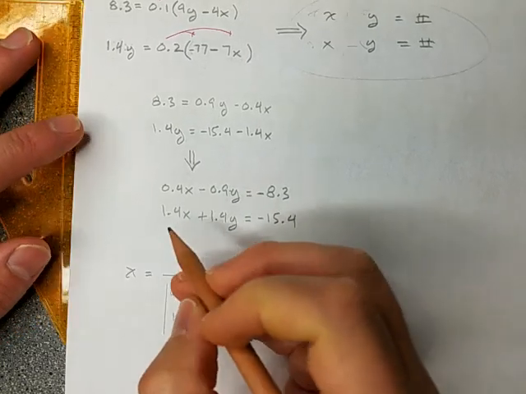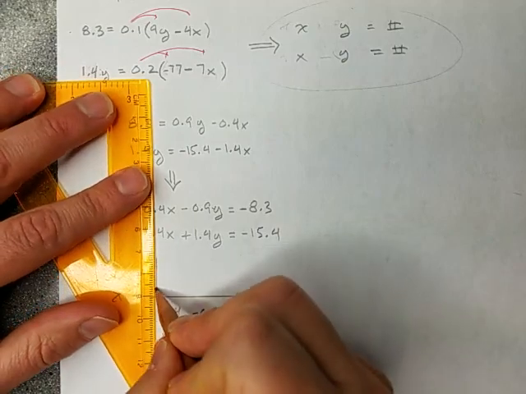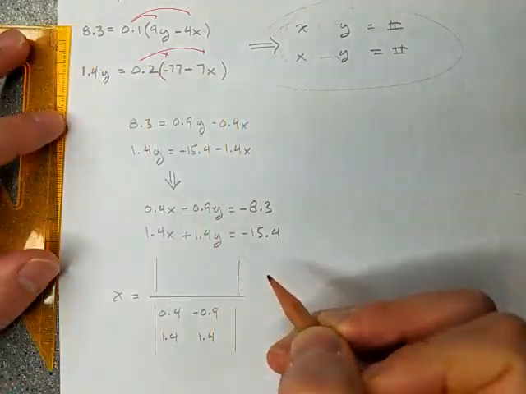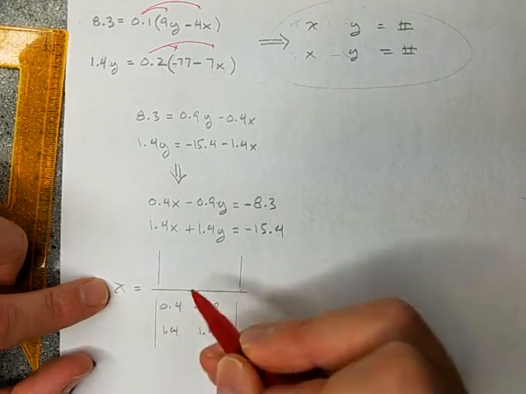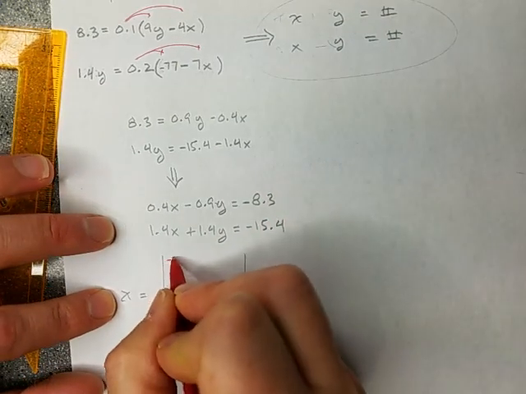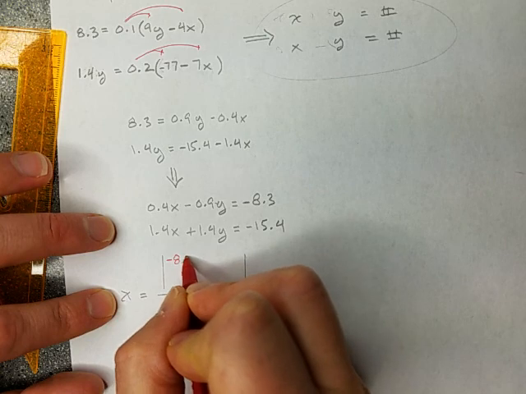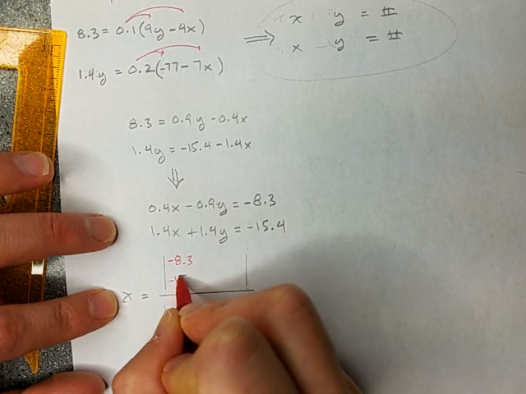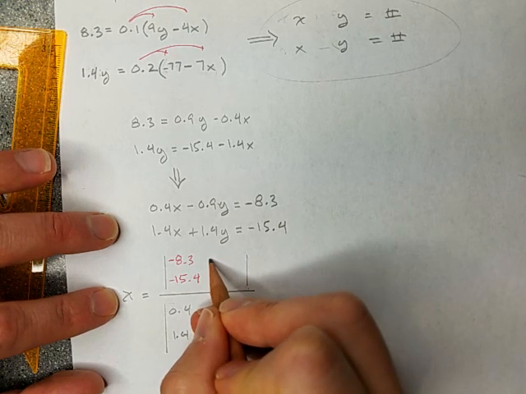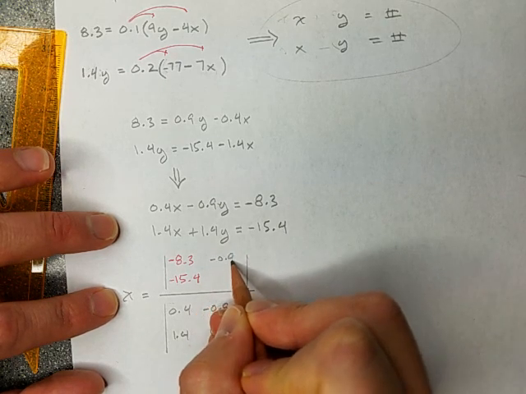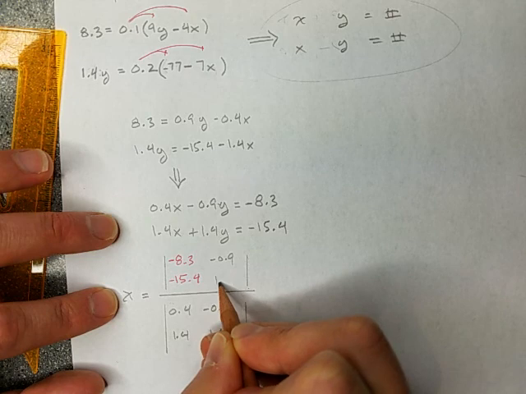Okay. And then what goes up here at the top? Well, if we're solving for x, we'll replace the first column of this one with those numbers. So negative 8.3, negative 15.4. All right. And then that's not going to change these two.